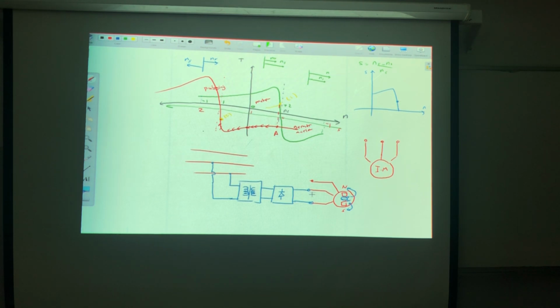Now if I disconnect the supply, simply this means that I break the alternating nature of the machine. And now the machine becomes what? DC. Correct? So simply this means that the machine will start to stop.